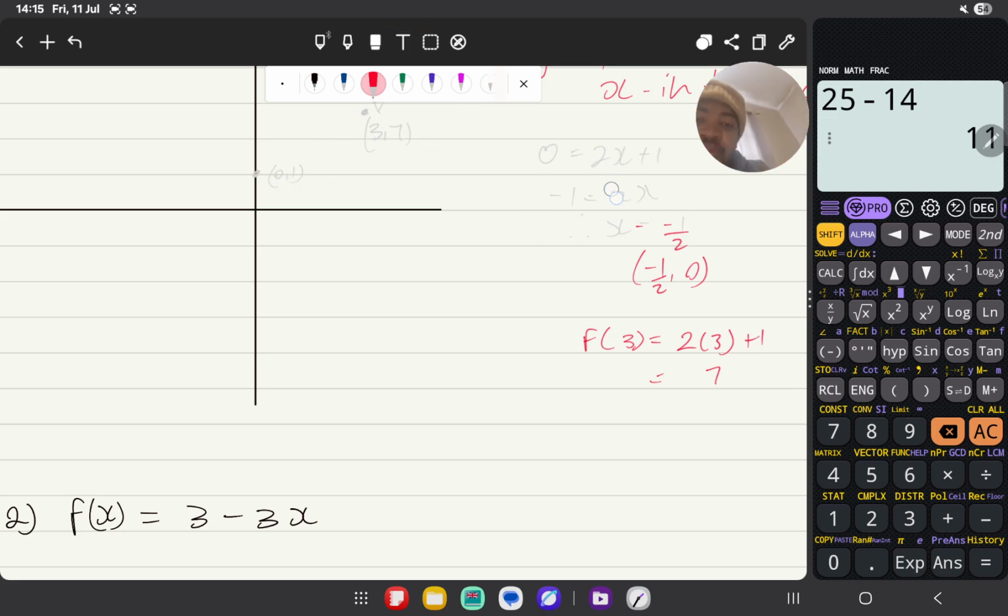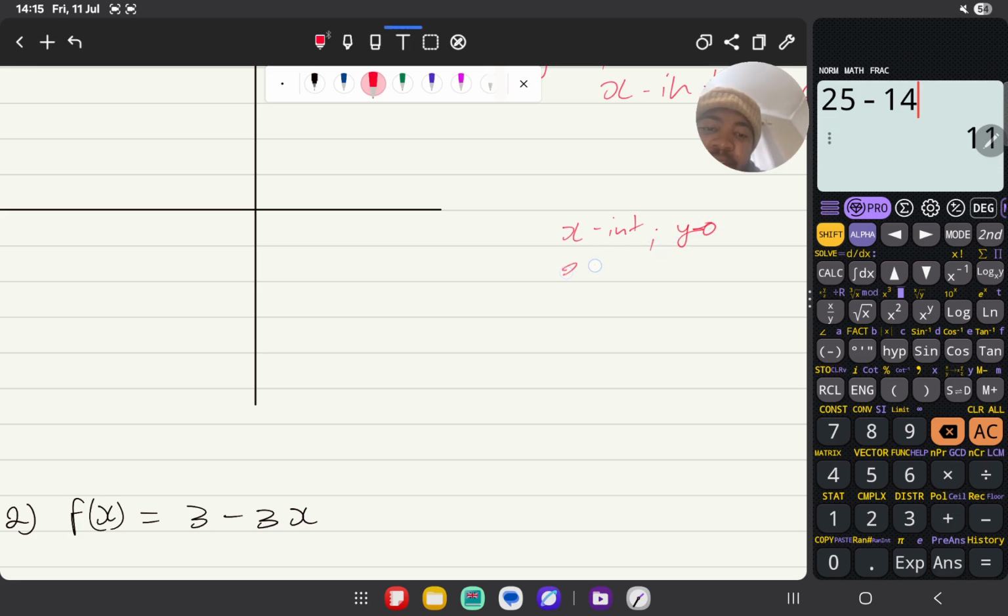So for this one, of course, x-intercept, y equals 0. So you have 0 equals 3 minus 3x. You have 3x equals 3, therefore x equals 1, and therefore you have 1 and 0.